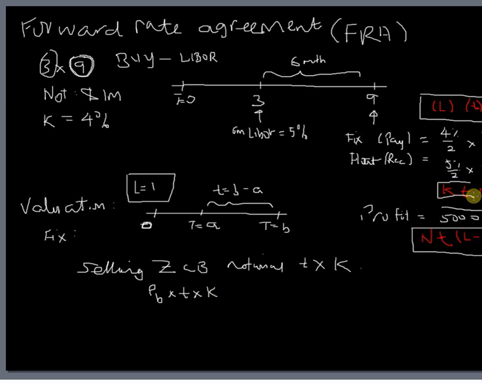So at maturity we'll end up with T times K, which is basically T times K for the fixed rate. This is the amount that we'll be receiving when we sell this zero coupon bond.